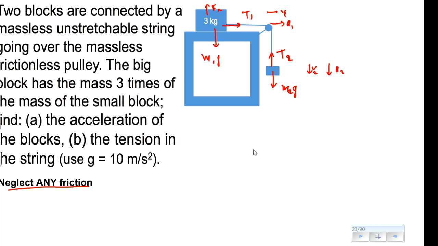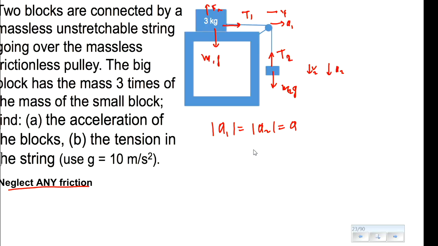Now, say again the statement about accelerations. We know that they have the same magnitude. But the string is not just unstretchable, also very light.